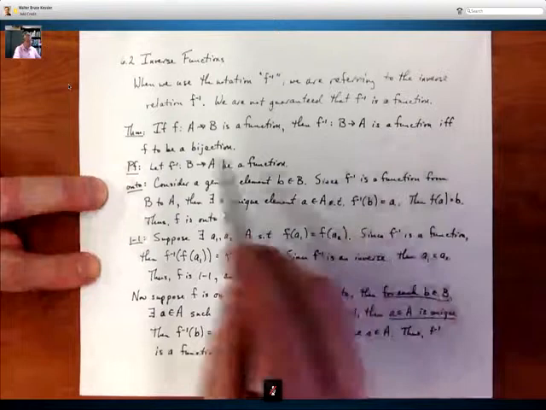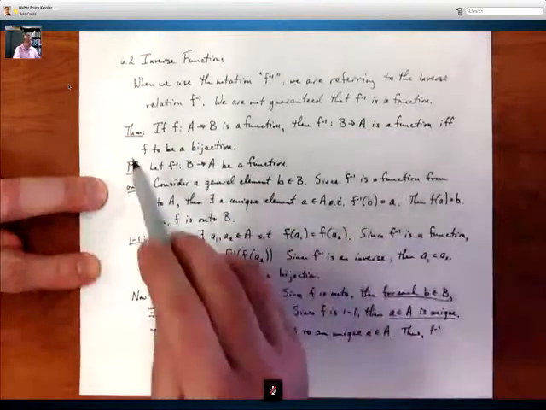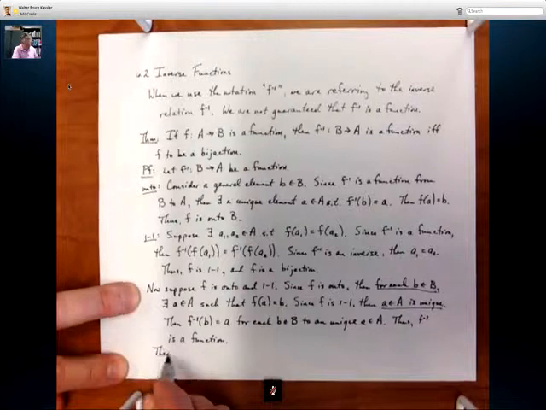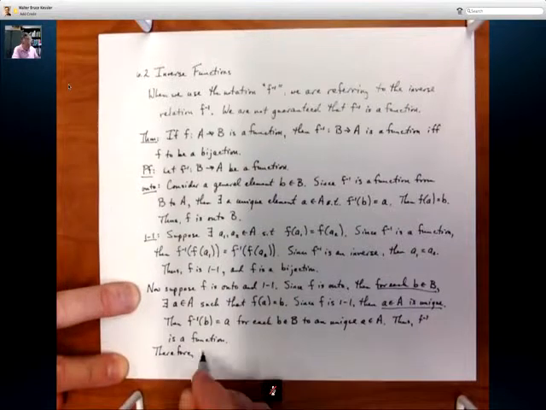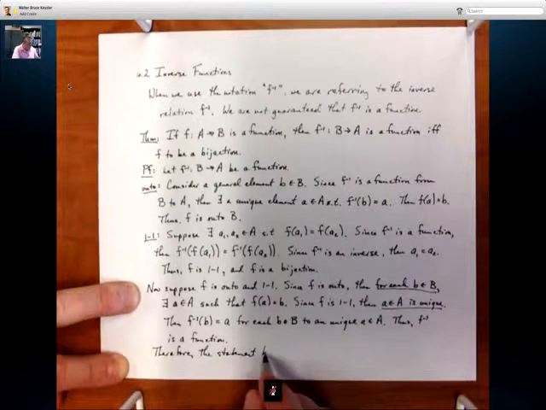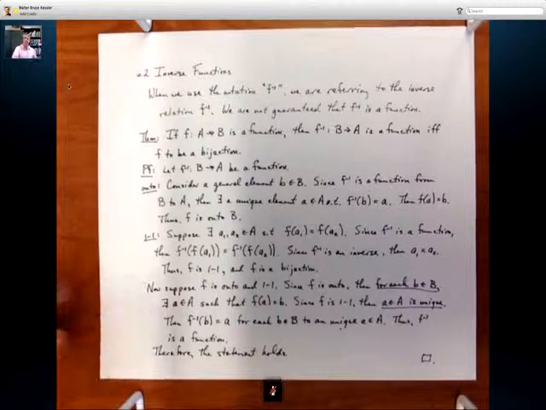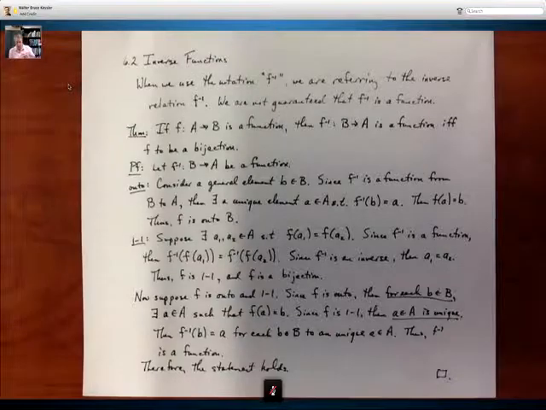So we went if this, then this, and then we went if this, then that. Therefore, the statement holds. Okay?